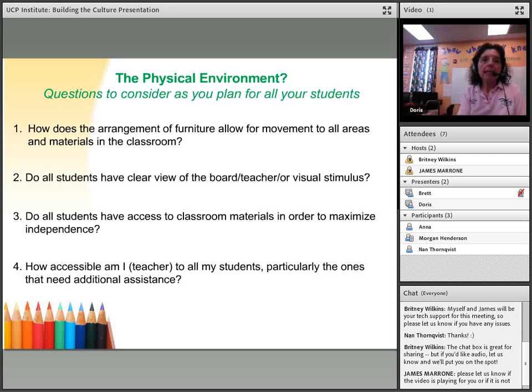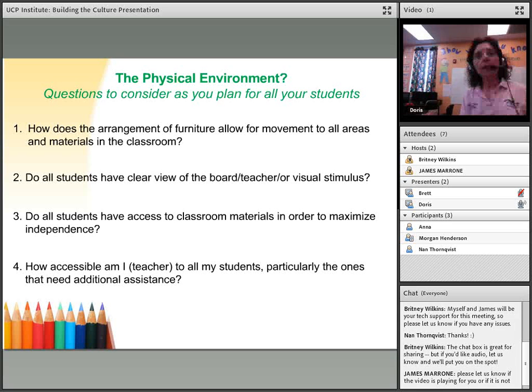Number 3 says, do all the students have access to the materials in order to maximize independence? And so you have to think about those children who are disabled. How do I get them to be more independent? The disorganized child, the attention deficit child, the child who's got mobility issues, the child who's got just one hand, and so forth.